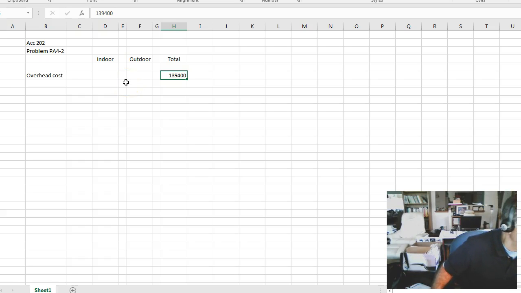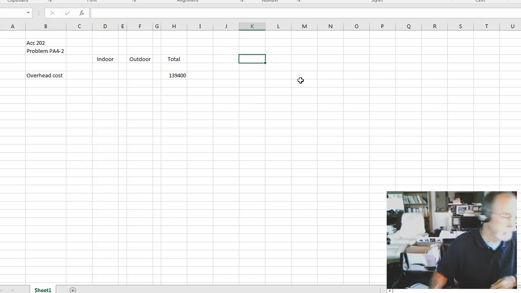Carlisle has identified the following information about its overhead activity cost pools and the two product lines. So what I'm going to do here is, I think it's probably a good idea to recreate this information given in the problem on our spreadsheet. So why don't we put it over here? Let's see.